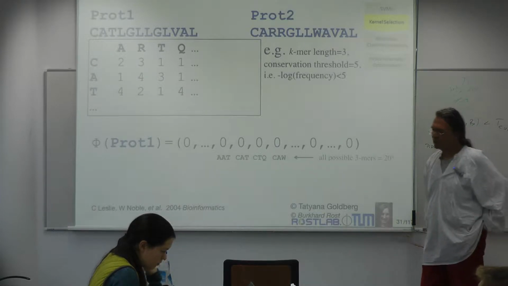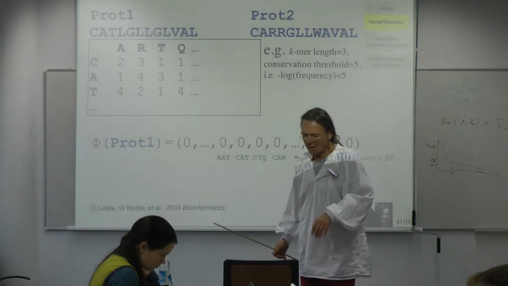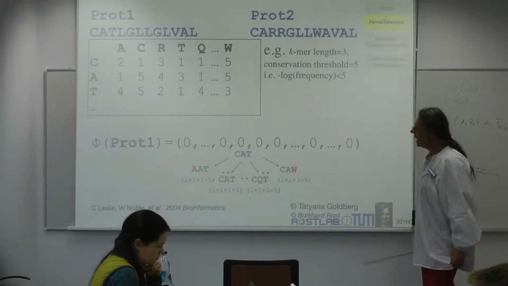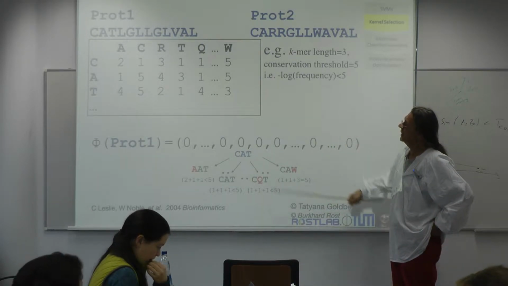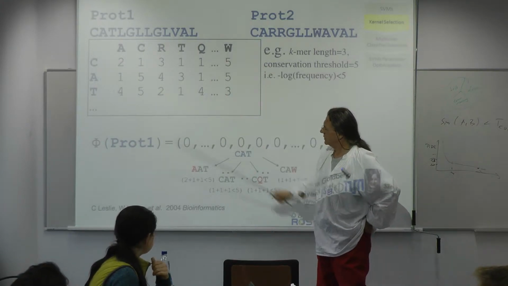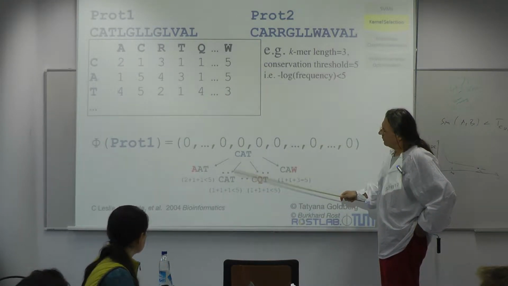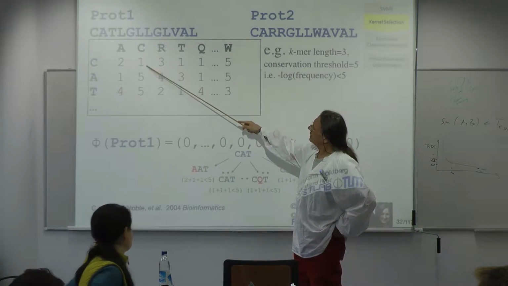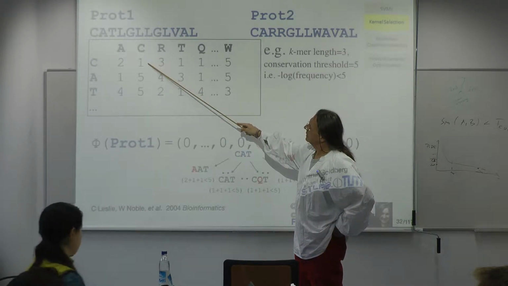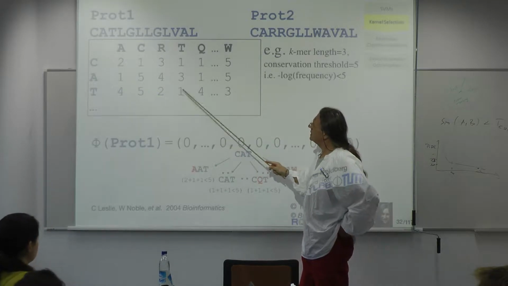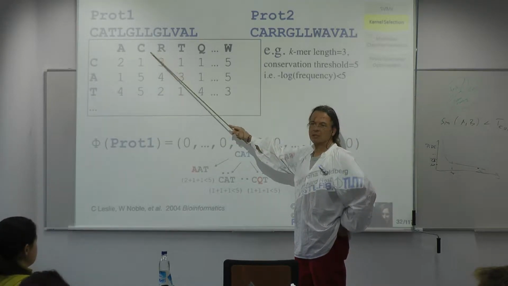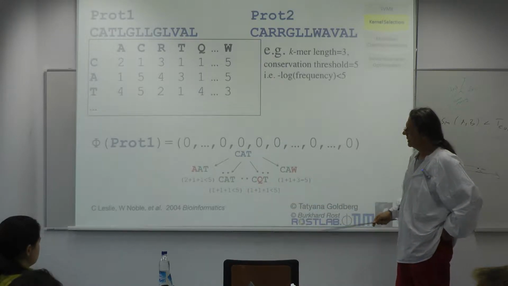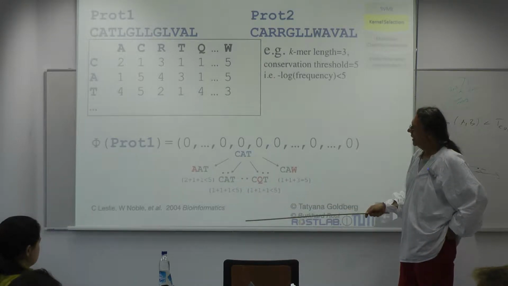But let's go back to the way I compute whether or not that is a conserved k-mer. For the conserved k-mer of cat, let's just go for the first three letters. Let's begin with cat. So cat means that I look at the value here for C, A, T. So 1 plus 1 plus 1 is smaller than 5.